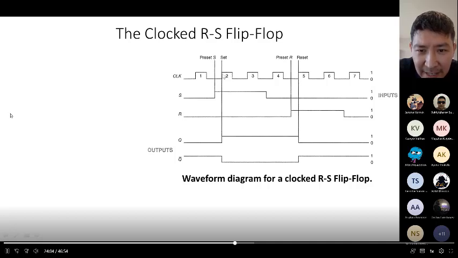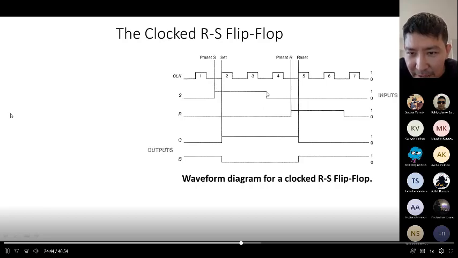On this rising edge, when the clock signal rises, the normal output goes from 0 to 1, and the complementary output goes from high to 0. Then we hold the set high and the reset low, and we have some pulses, but they don't affect the outputs.